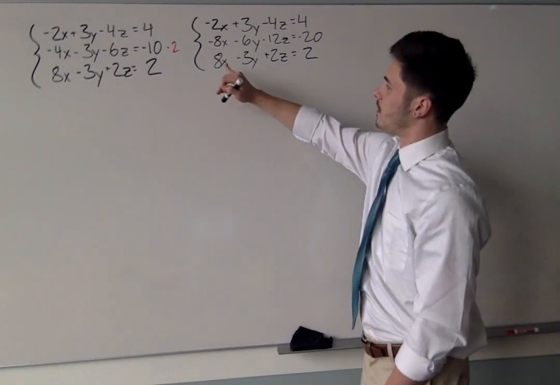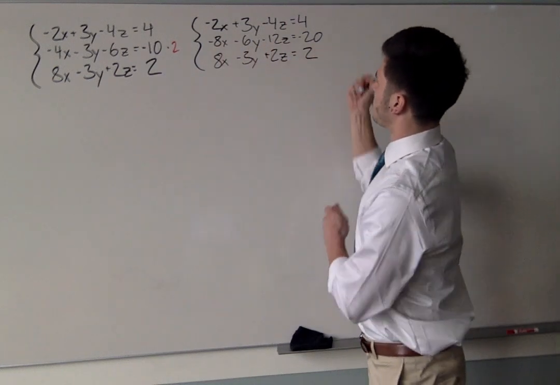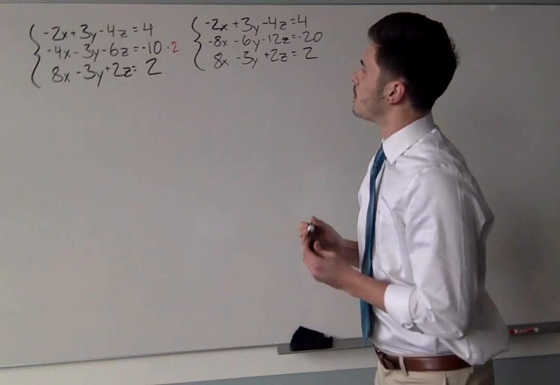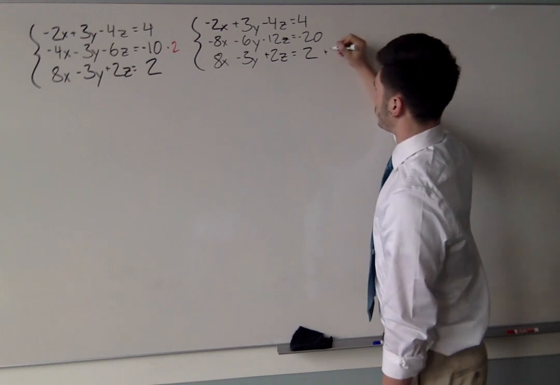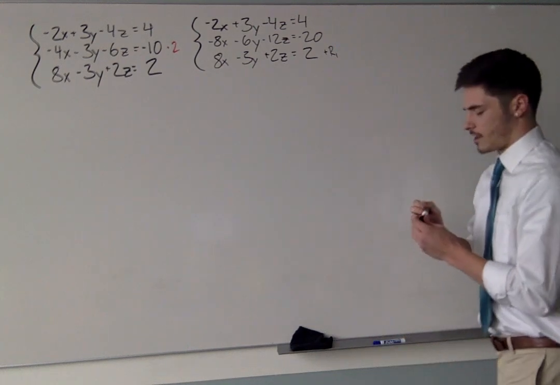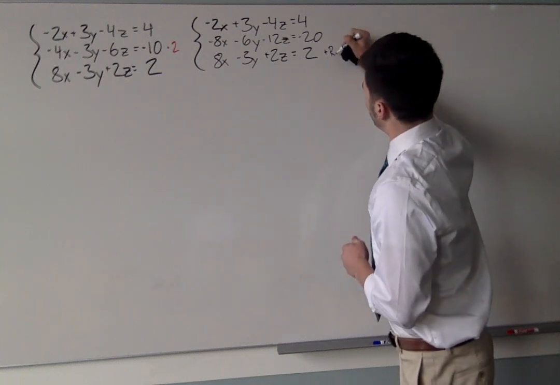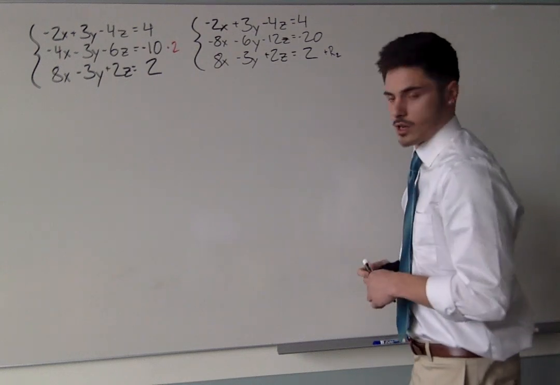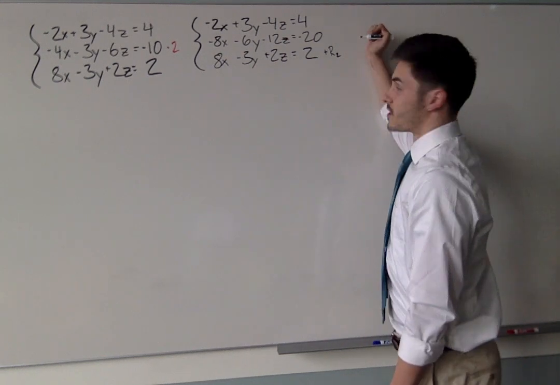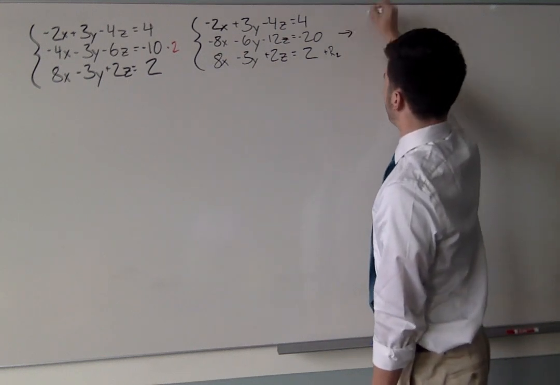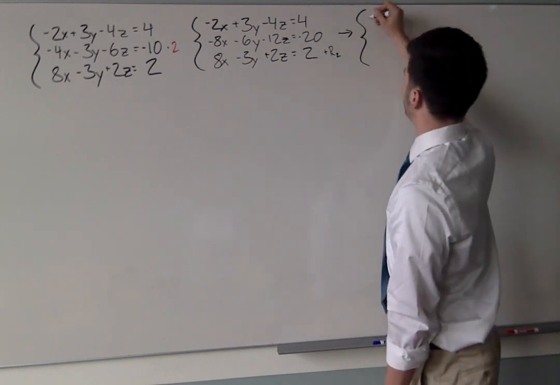So now we've got negative 8x minus 6y minus 12z equals negative 20. And now this is where we can eliminate one of the variables already, which is great, by adding R2, not R1, like I wrote. By adding R2, and then we'll rewrite the system of equations again.